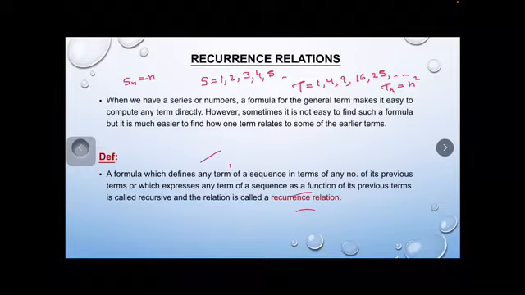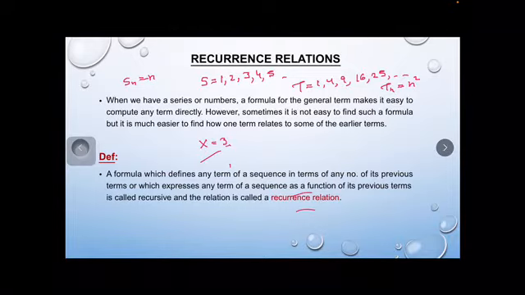So in that case, to find the nth term we use the earlier terms of the series. Suppose our x series is 3, 5, 7, 9, 11.